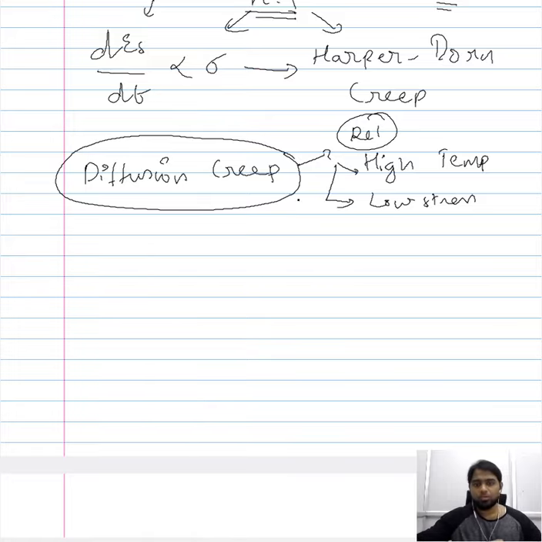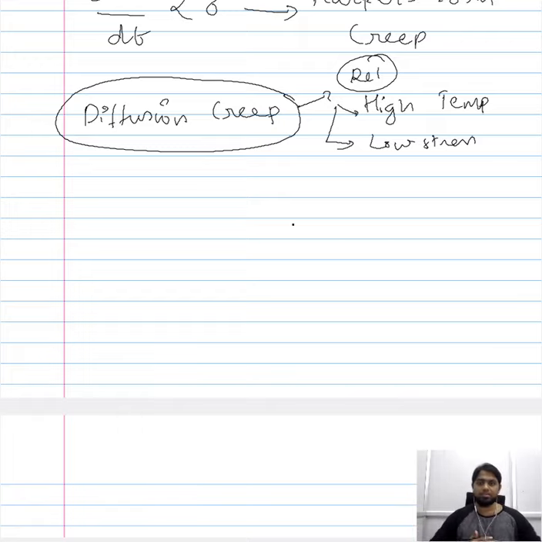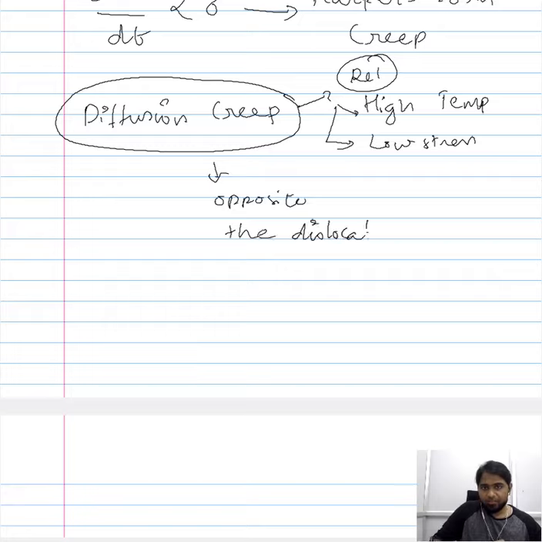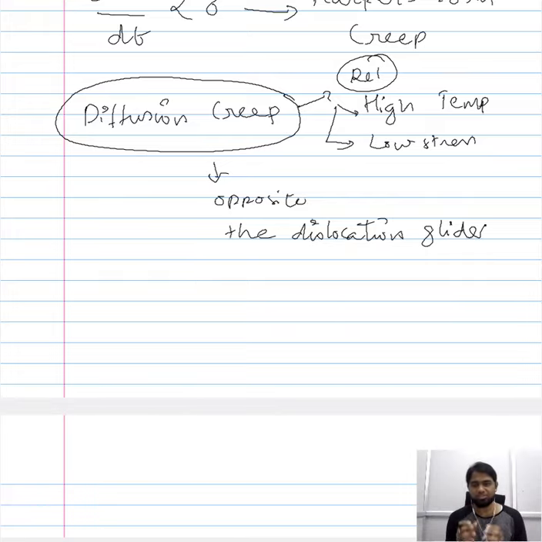Now, without going into the specifics of this creep mechanism, based on this condition you could say that this is opposite to the dislocation glide mechanism. In the dislocation glide mechanism, the influence of the stress was dominant.